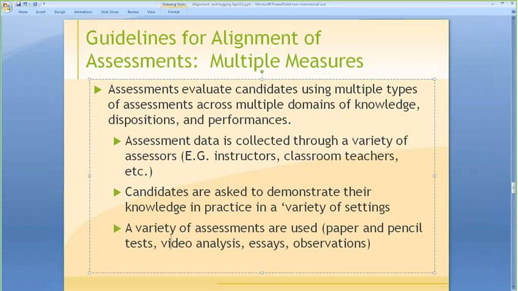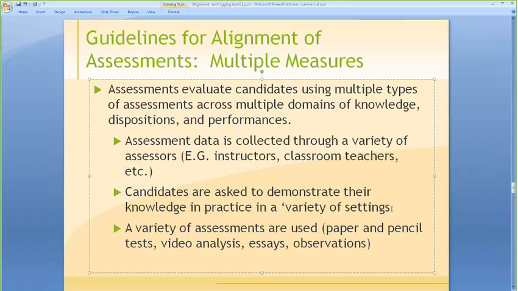So multiple measures could be submitted because you've got both your classroom mentors and your university supervisors looking at your candidate performance, but through their own lens.